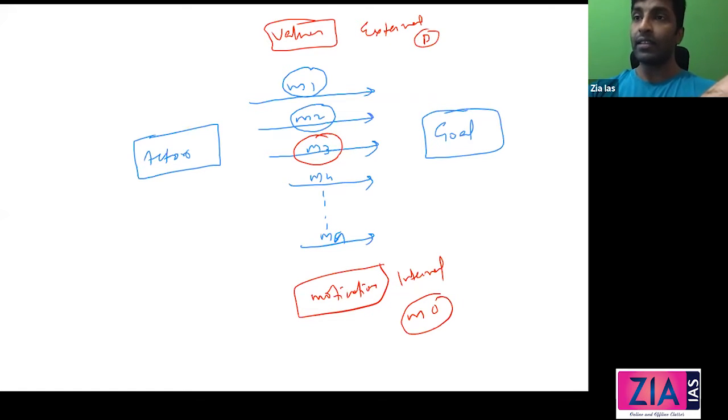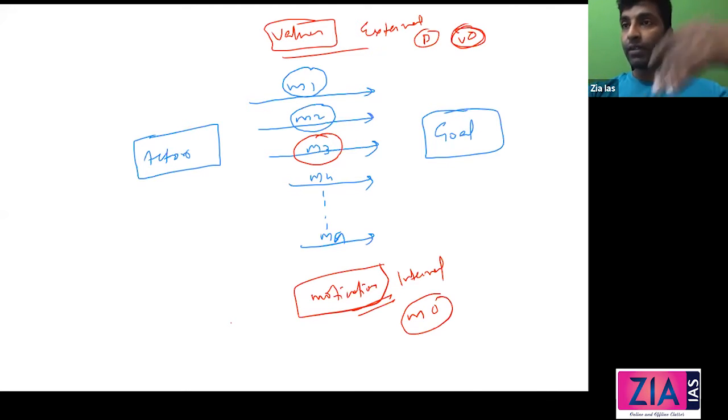And this is what value orientation. So values are external, your motivation is internal. So any action you take depends on what? Either value orientation, the values of society, or motivational orientation, or the combination of both. So in a modern society, tell me guys, which one will be more dominant? Modern society.